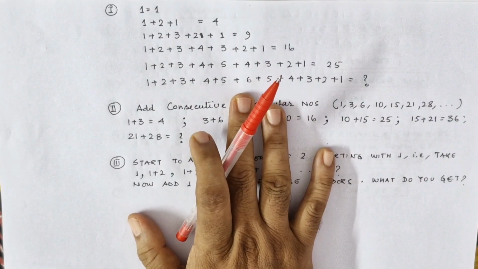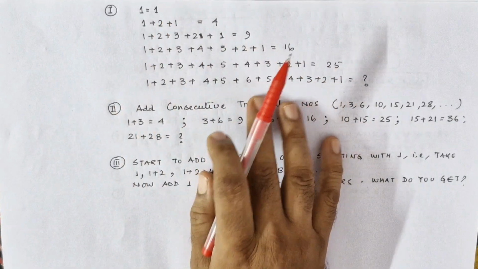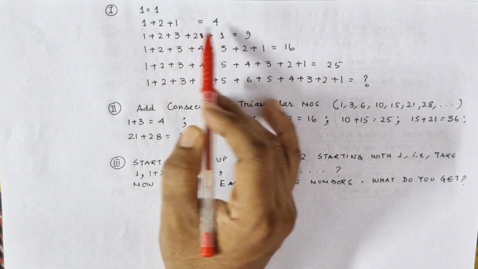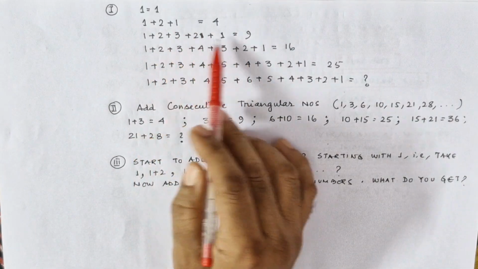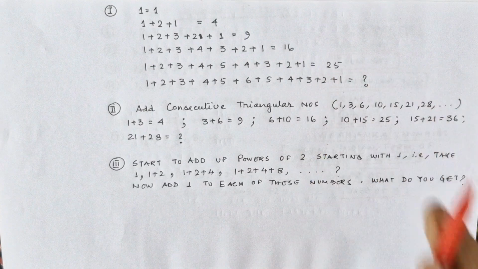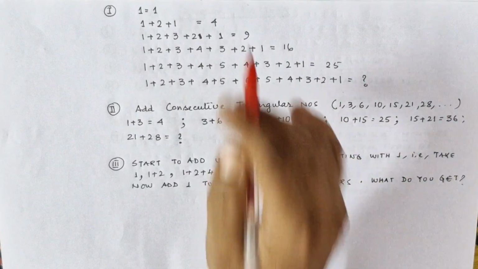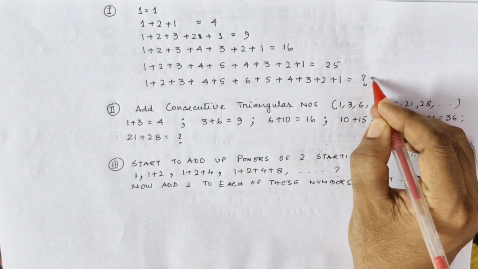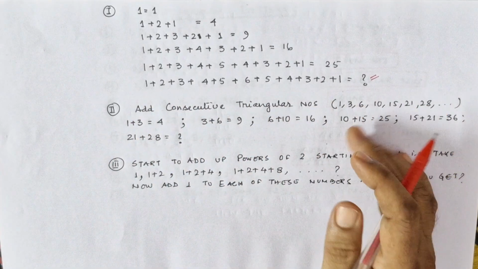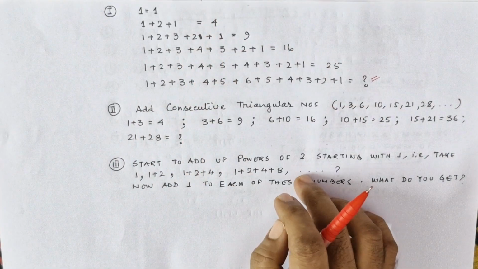So check it out once, pause the video and try to understand what kind of sequence this is. See, 1 plus 2 plus 1 is 4. Next, if you add them up, it comes 9. If you add them up, it comes 16. It comes 25. So now can you predict what will be the answer of this one without adding this huge sequence, if you know this pattern?